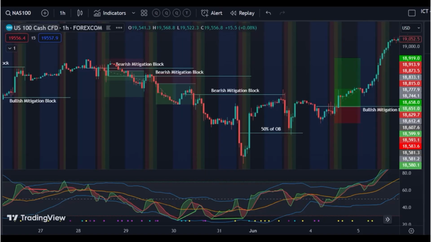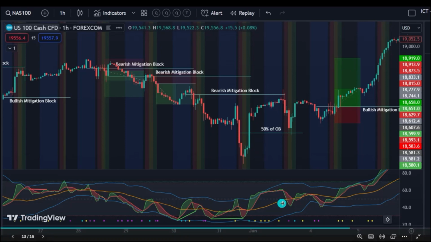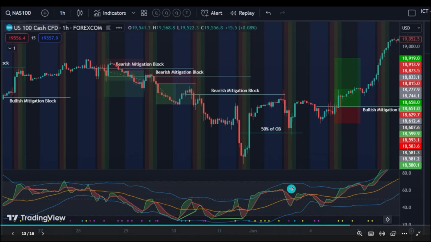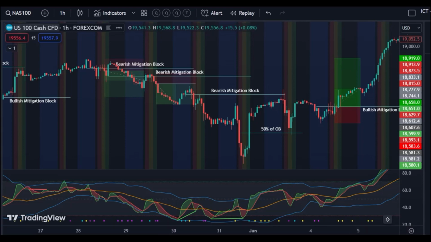If we look at this overall sequence, we can see how price creates a move to the downside and then a move to the upside. And we're using mitigation blocks as our entry criteria, and also TDI crossovers of the price line over the signal line.